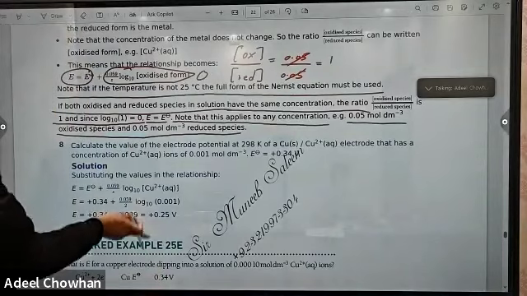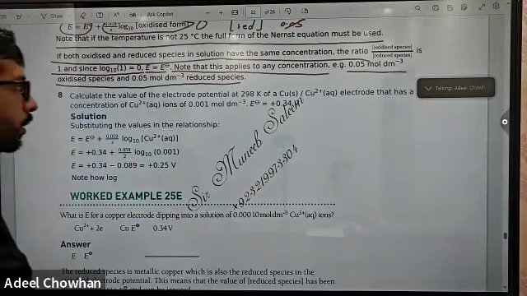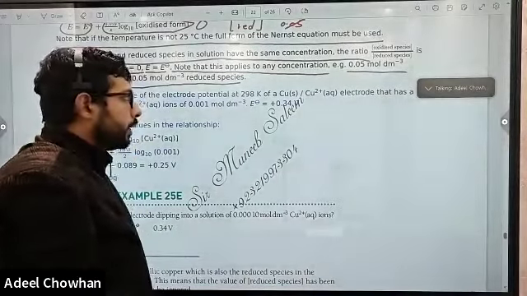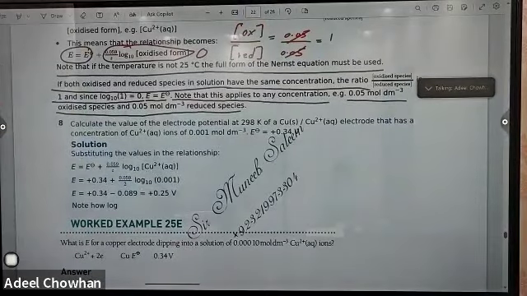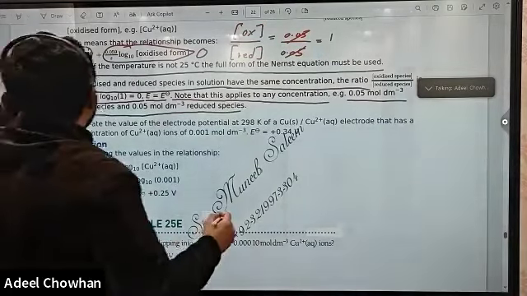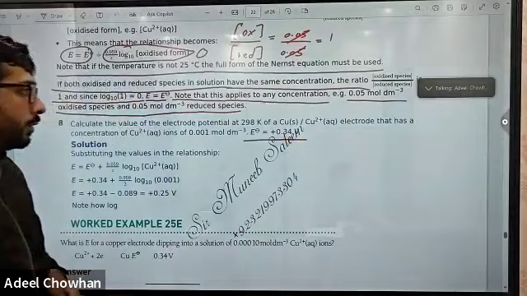Now here is a numerical question. Calculate the value of the electrode potential at 298 Kelvin of a copper into copper ion aqueous electrode that has a concentration of copper ion aqueous of 0.001 mole per dm cube. The value of the electrode potential is given, that is plus 0.34 volt.